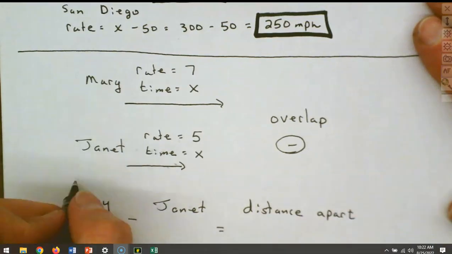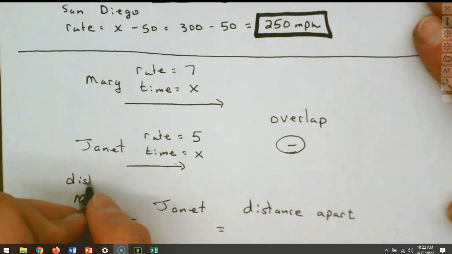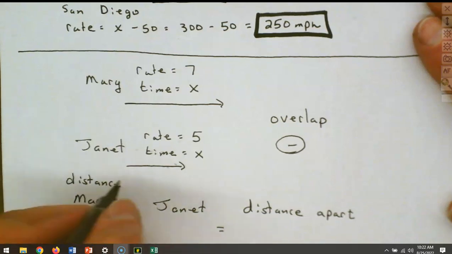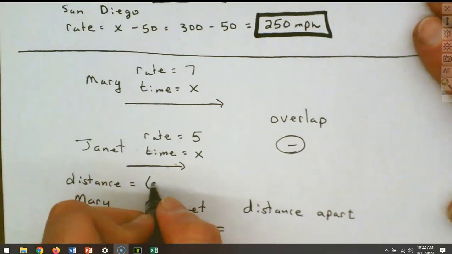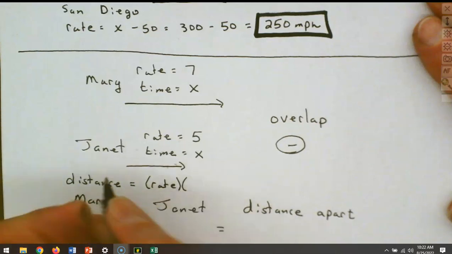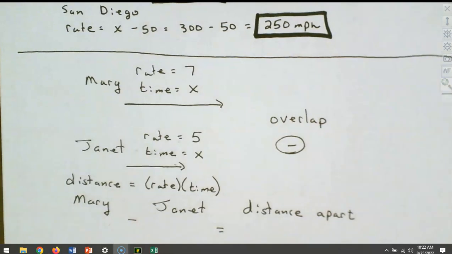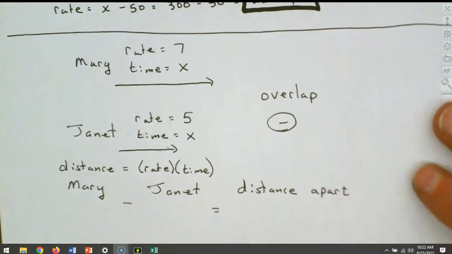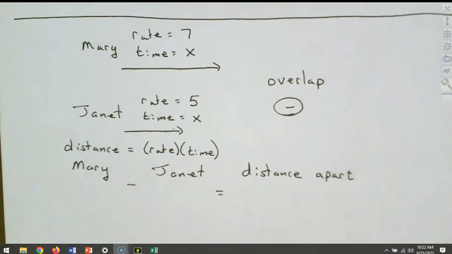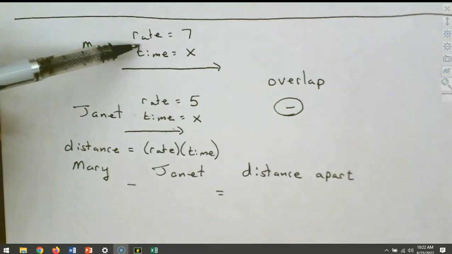And again, how do we find our distance? Our distance is always the rate times the time. So very easy to solve this one out. There's not much to this one. Much simpler than the last one. So when we look at Mary, what about Mary? Mary is 7x, right?